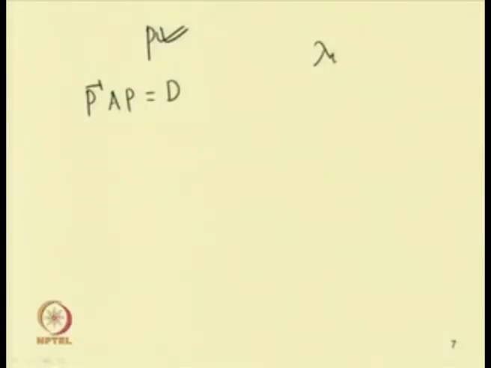We can select the matrix P in such a way that P inverse A P is a diagonal matrix D. So, we can find a matrix P such that P inverse A P will be equal to D. This will happen if all the eigenvalues lambda i of this matrix are distinct.